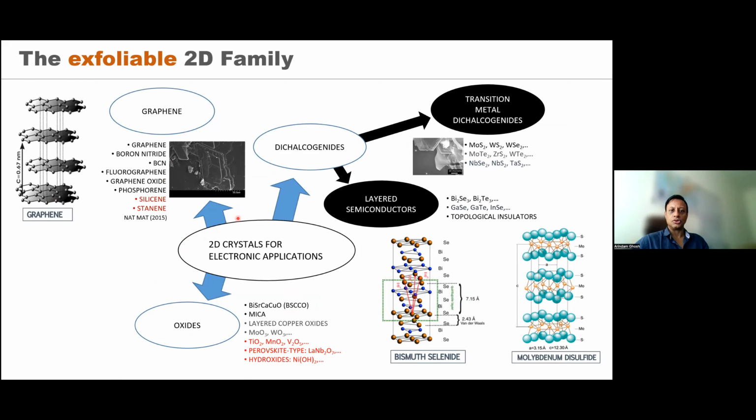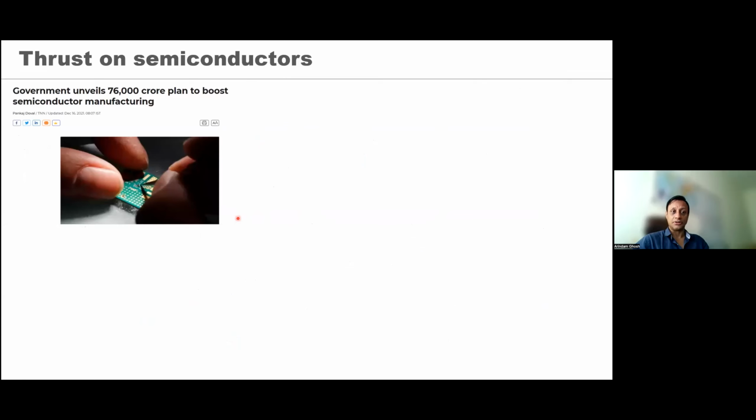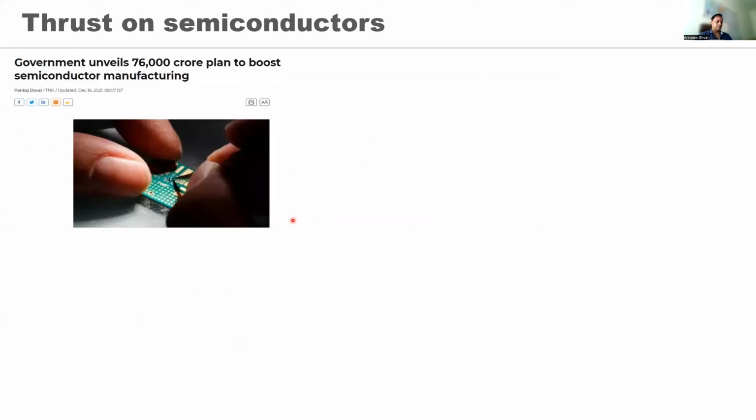I'm going to come to the individual properties a little later, but let me quickly run through why this is such an interesting field that is becoming bigger and bigger every passing day. Many of these are semiconductors, and we have a very serious thrust on semiconductors of new types, not only from the nanoelectronics point of view, where silicon functionality is getting questioned because of short channel effects and CMOS configurations.